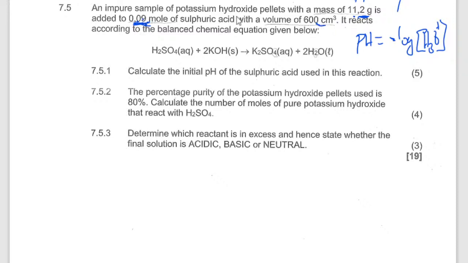You see? So I have the number of moles and I have the volume. So in this regard, I can find the concentration. Yes, let's find the concentration.